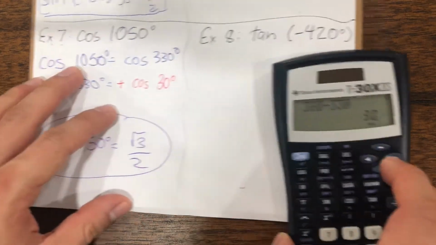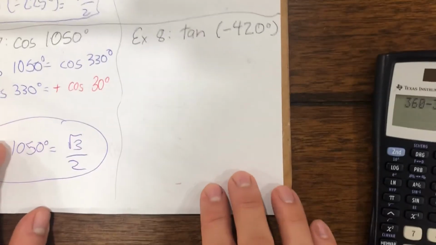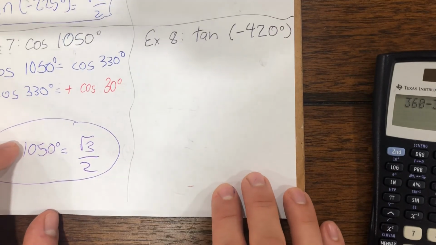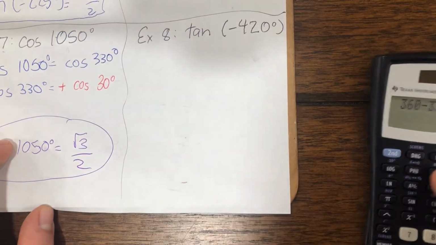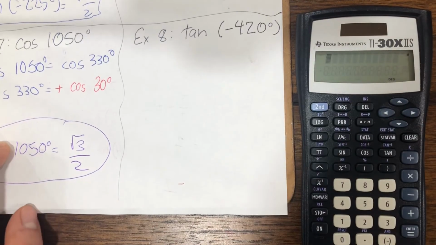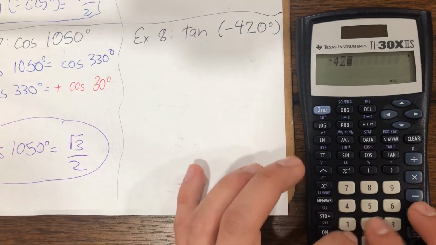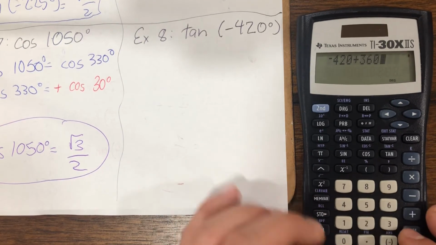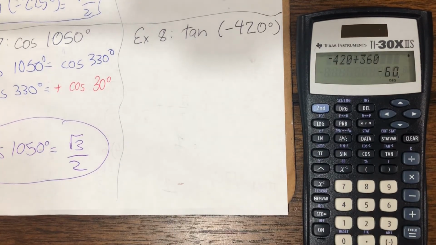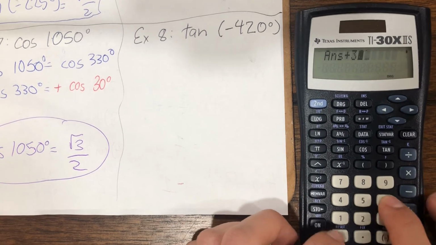Now we're going to take a look at the final example, which is tangent of negative 420. So we have an angle measurement that's way below 0. To bring it back up, we're going to add 360. And I get negative 60 degrees, still below 0. So I'm going to add 360 degrees again.